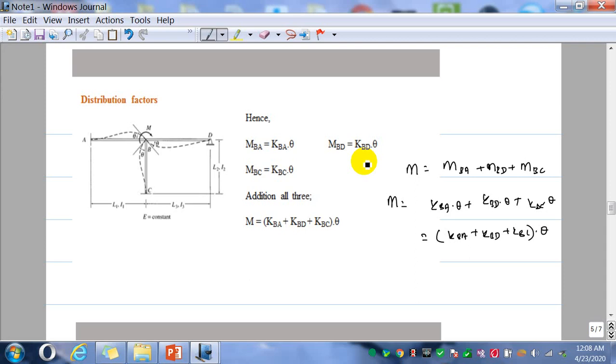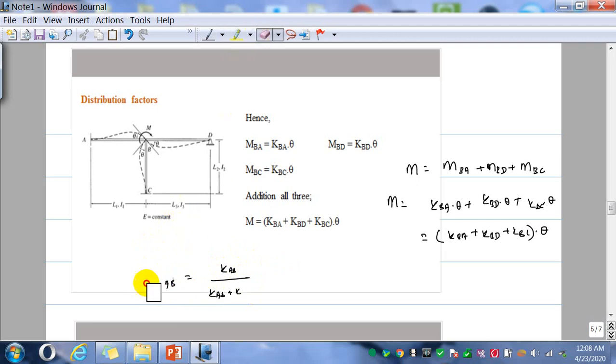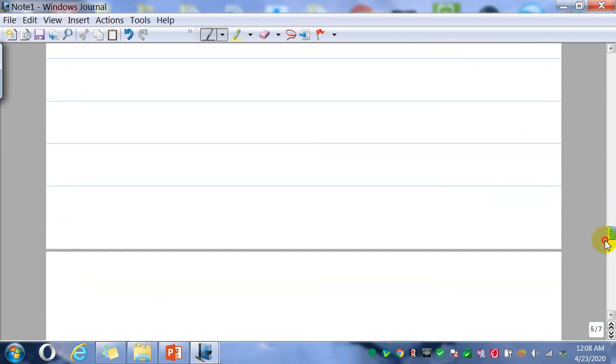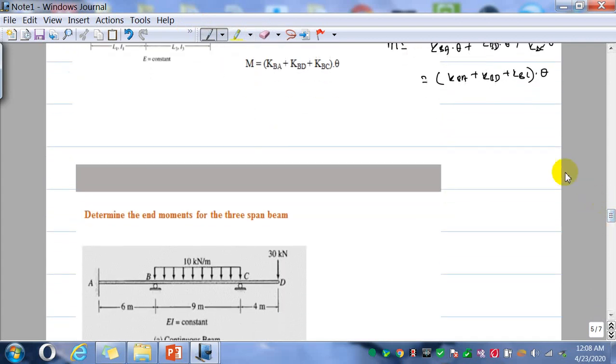Now for example, if you have a moment M, the portion carried by BA is the distribution factor. That is the other important aspect.